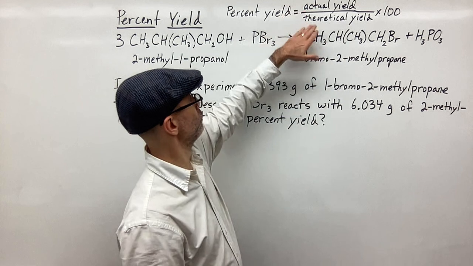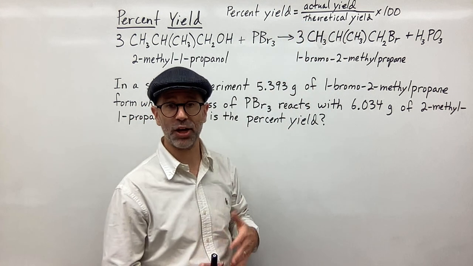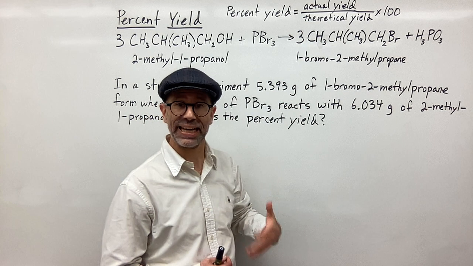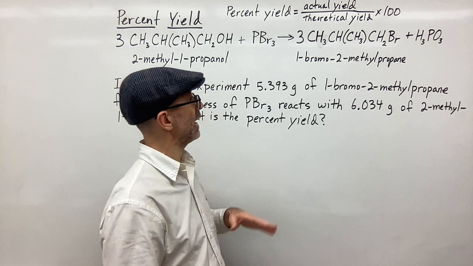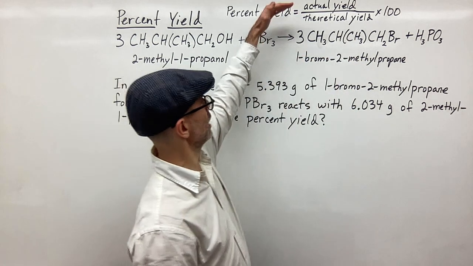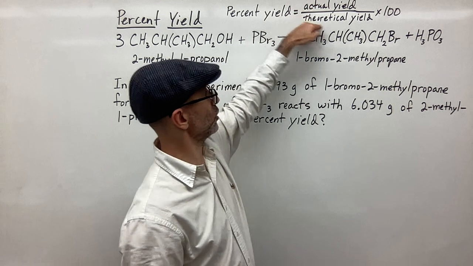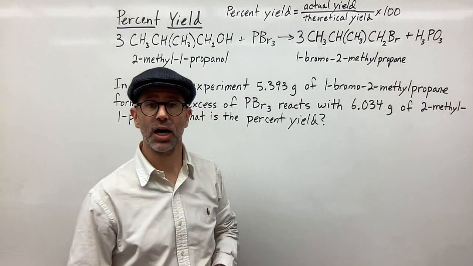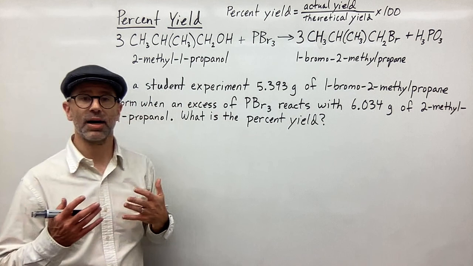So actual yield divided by theoretical yield, which is the calculated value that you would get in theory based upon your stoichiometry calculations. And then multiply that by 100 to get the percent. So it's a fraction of the actual yield over the theoretical yield multiplied by 100. So that's how you calculate the percent yield.